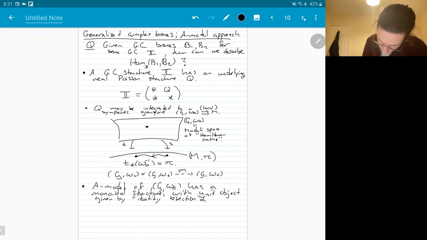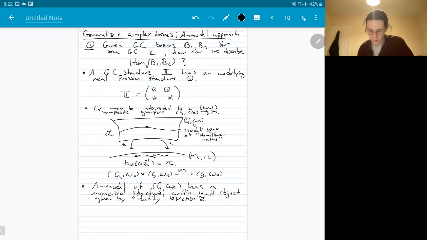That's a submanifold inside G, which is the submanifold of all constant paths.